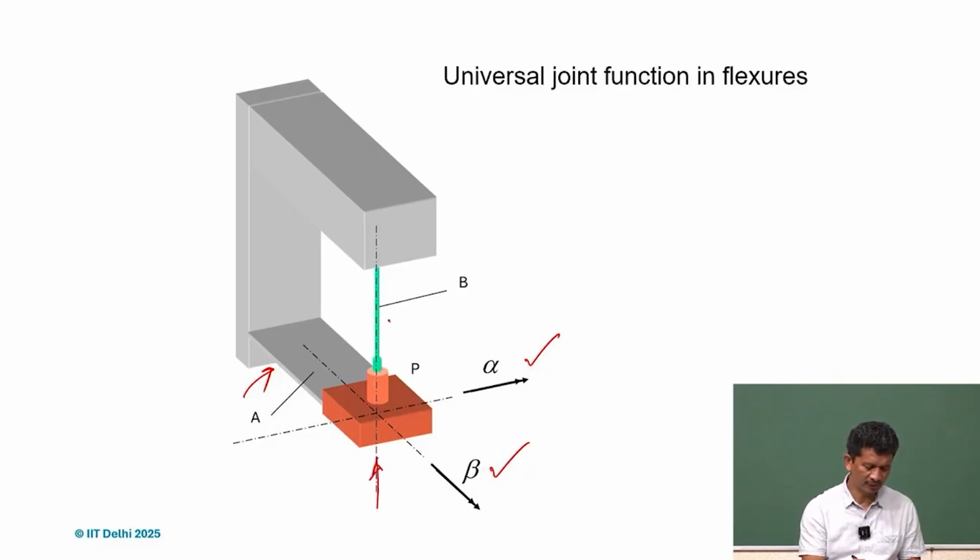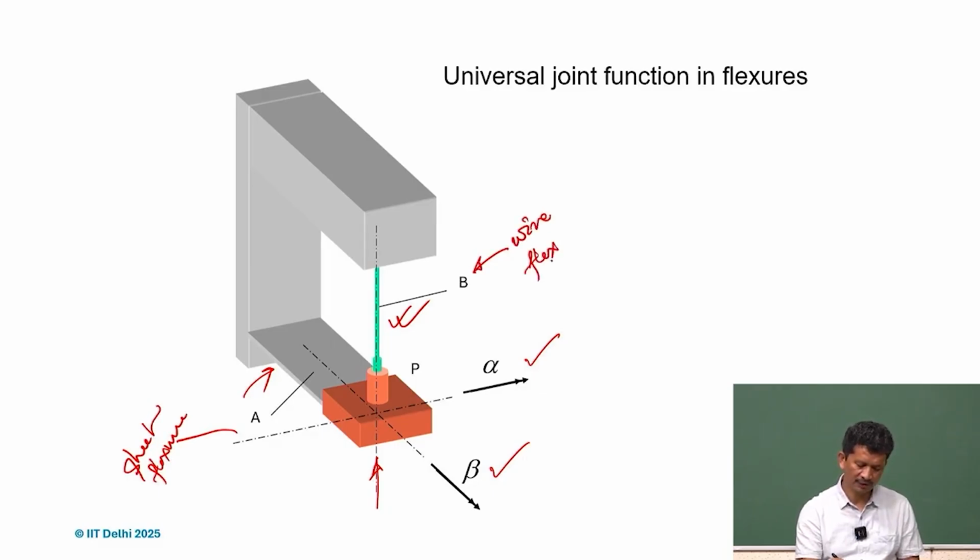Suppose we place this wire flexure, so this is your sheet flexure, and this is the wire flexure. What the wire flexure does here is stop this motion, the vertical displacement, and since they are in parallel, we only have alpha and beta, so two rotations.